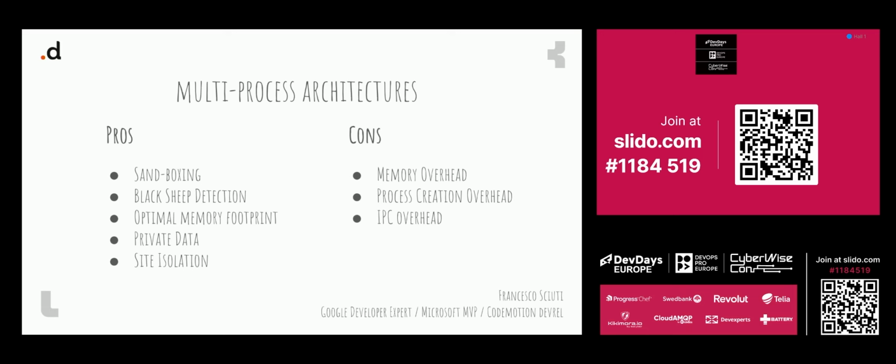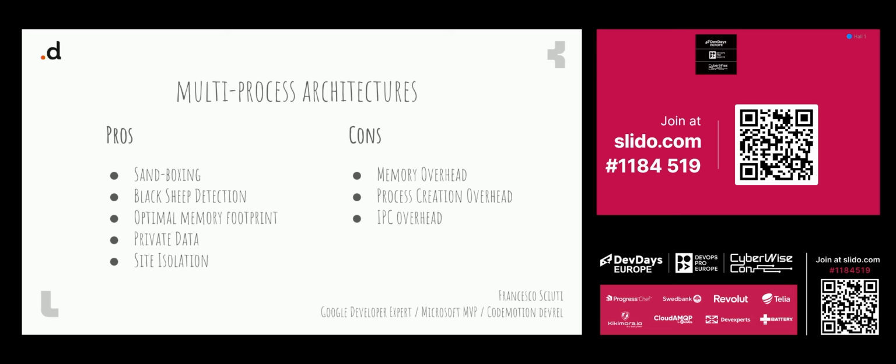Okay, then the privacy feature, which can ensure that sensitive stuff like cookies, session info, and so on are handled, I'm sorry, securely and privately. Okay, and the last one, site isolation. It ensures that web pages from different sites load in separate processes.